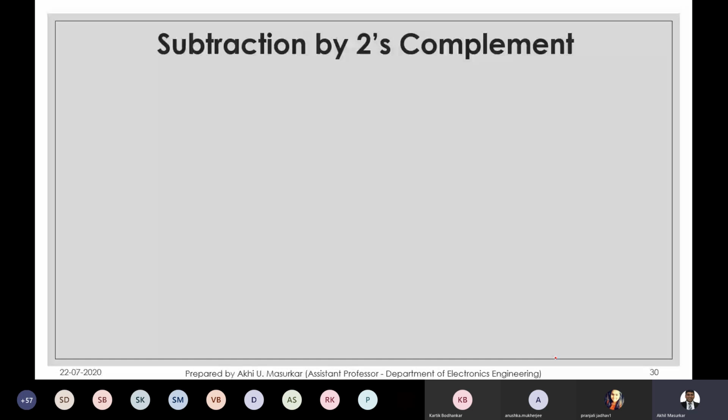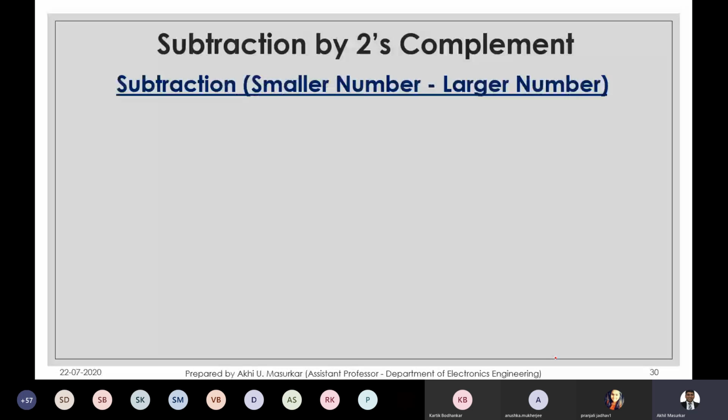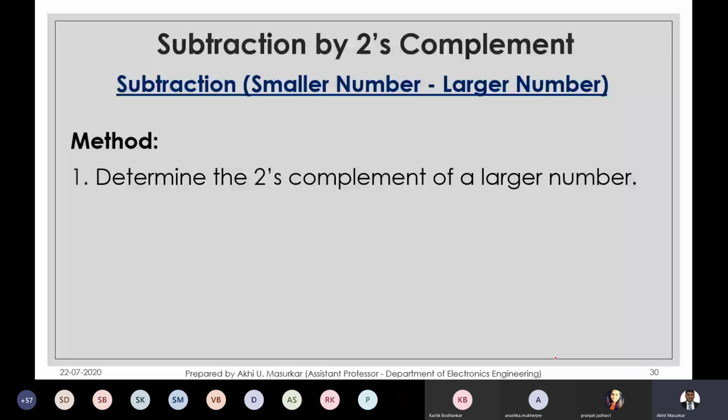That is subtraction by 2's complement, but this time smaller number minus larger number. So again, what will be the first step? Determine the 2's complement of the larger number. In the previous case, we had the smaller here. And step number 2, again add the 2's complement to the smaller number.